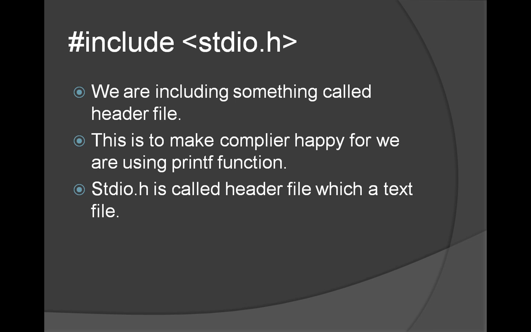That is where stdio.h comes in. stdio.h contains the declaration of printf, which means stdio.h will tell the compiler, hey compiler, printf is a function which takes these arguments and returns this value. This is the reason why the compiler is not complaining about printf.